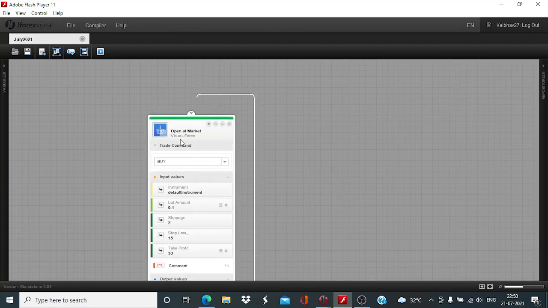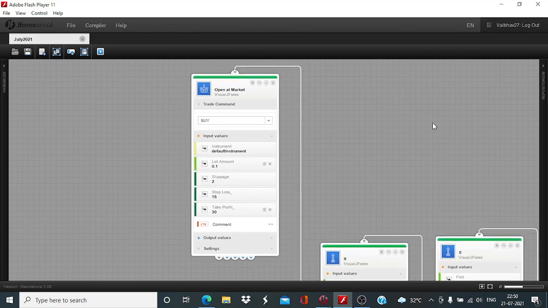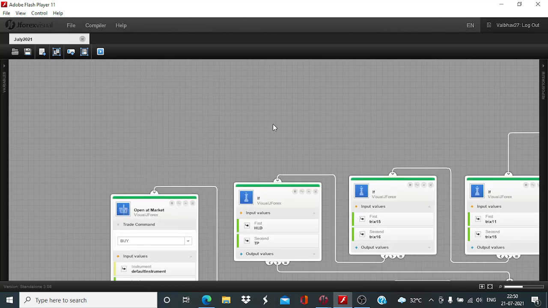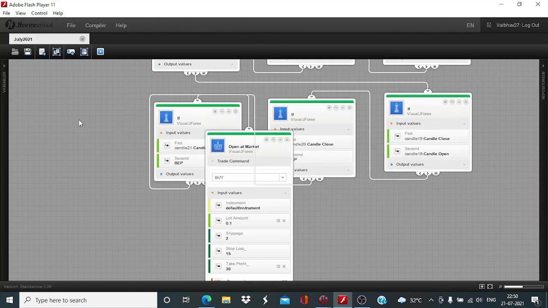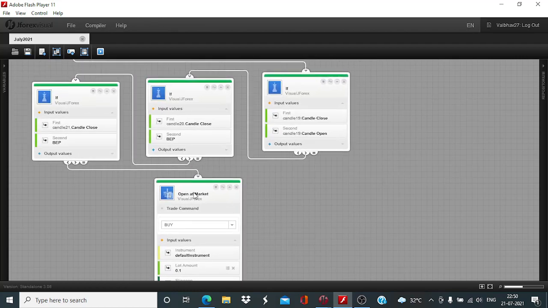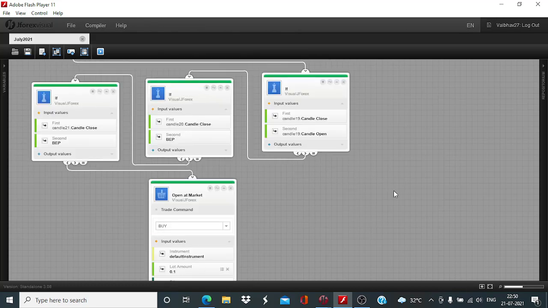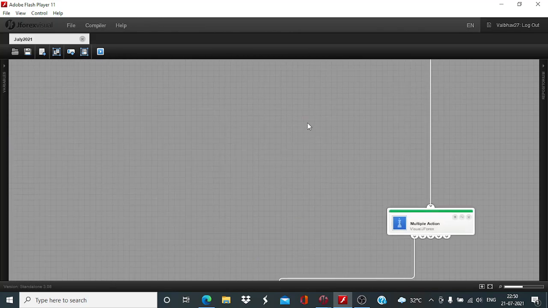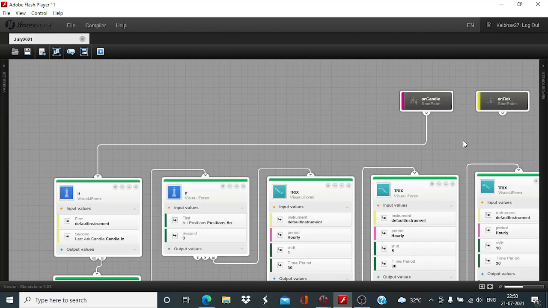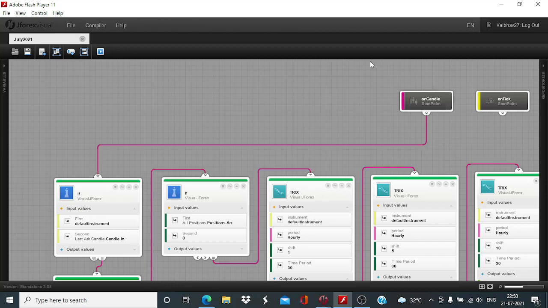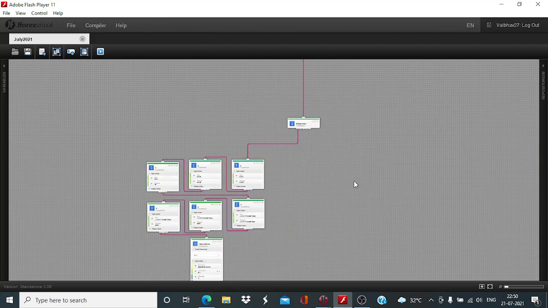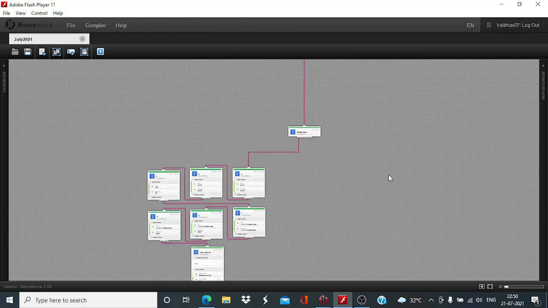I hope that's good enough. Okay, so this is how we are going to define our setup. And with this, the buy side of this algorithm is almost complete. To check whether the iteration flow is going till the very end or not, we can color code this and check out the block. Yes, it is.